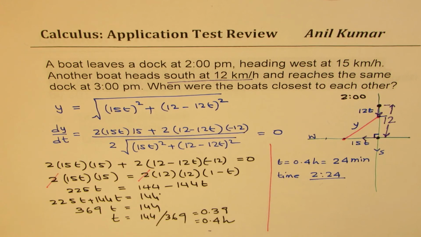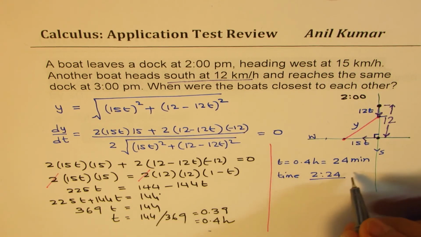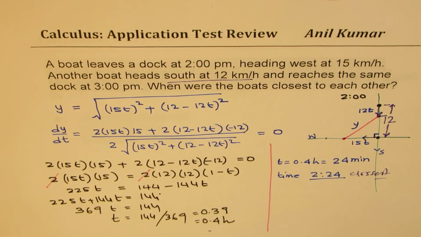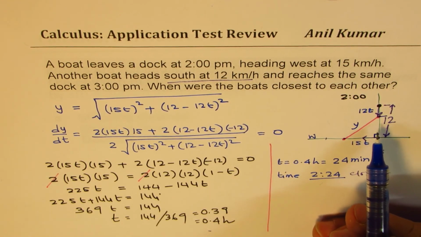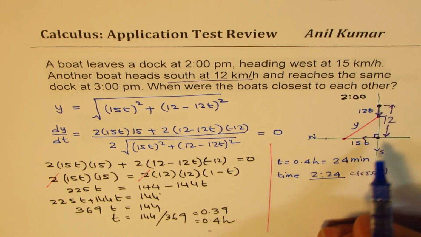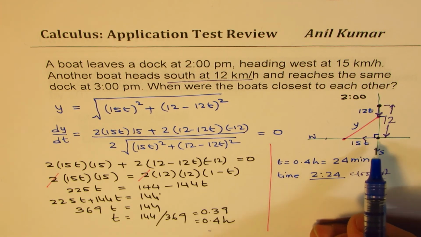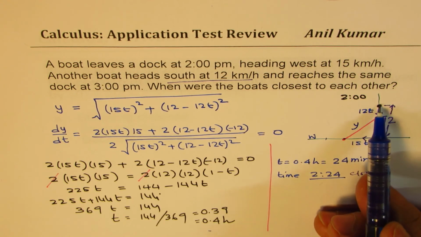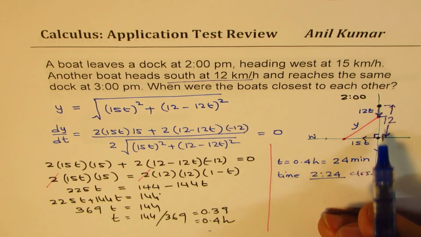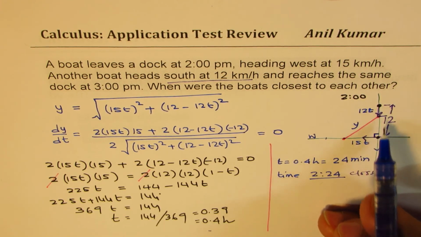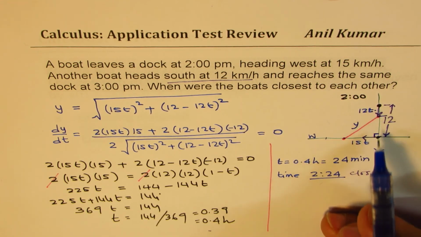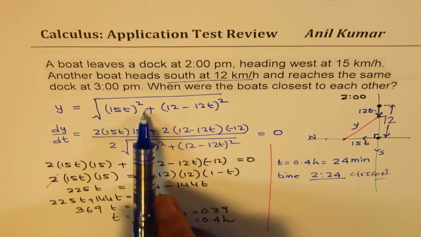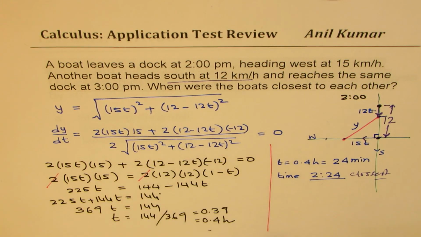Now how do you ensure that this is the closest? So the idea here is, what could be the position of the variable? That is what you have to figure out, right? So the initial condition is that when they started, they're 12 kilometers apart. Is that okay? They're 12 kilometers apart. So what you do here is substitute this value here, correct?